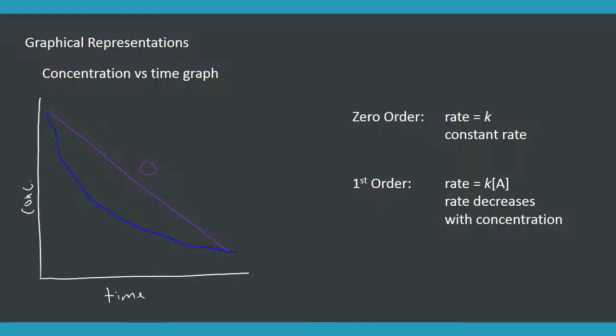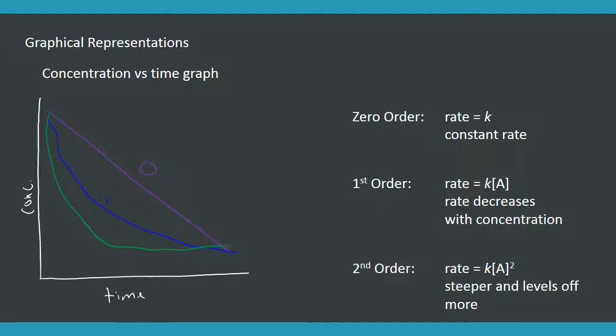That was not very good, I apologize, but so there's a first order reaction. And then a second order reaction, we have rate equals K times concentration of A squared, or concentration of A times concentration of B. It's steeper than the first order and levels off a lot more. So you have a much higher decrease and then it levels off significantly more over time.